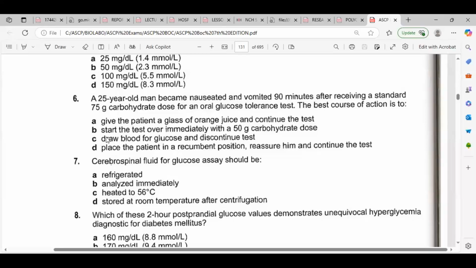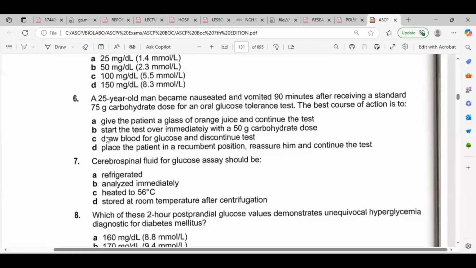But if we reassure the patient and continue the test, we are going to get an abnormal result after that, because the glucose that is in the blood is not the exact amount of glucose we expected to be in the blood. That glucose will also be metabolized quickly, and sometimes you may get a worse result.